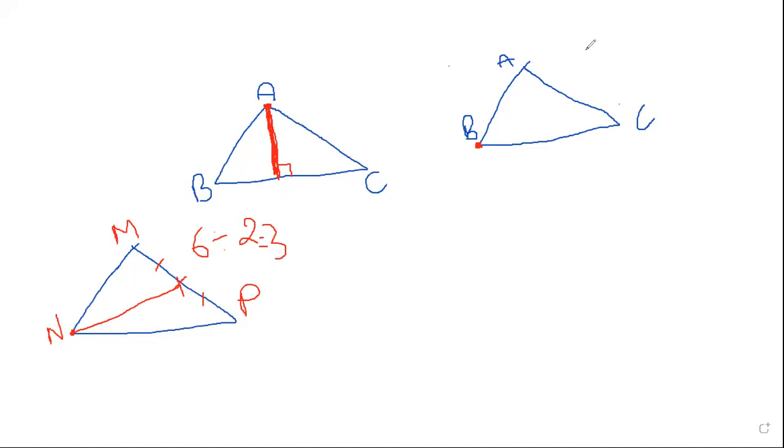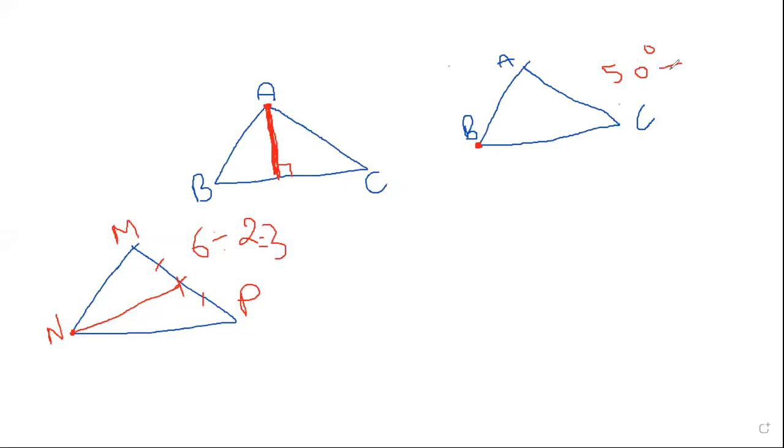We bring our protractor and measure angle ABC. Suppose the measure of angle ABC is 50 degrees. What does the bisector do? The bisector divides the angle into 2 equal angles.